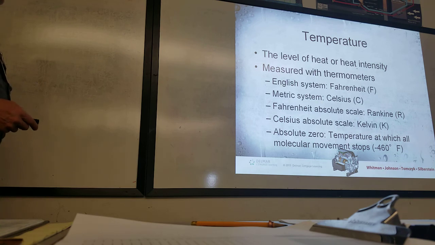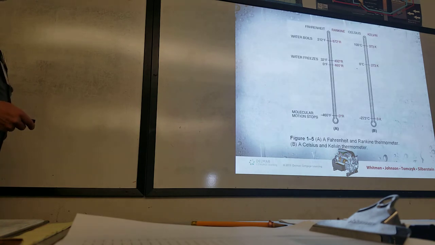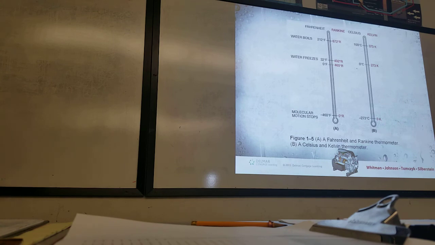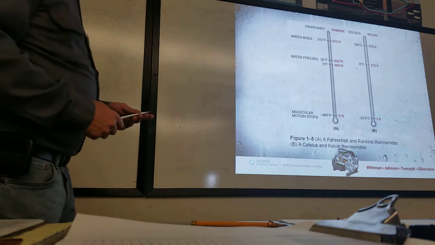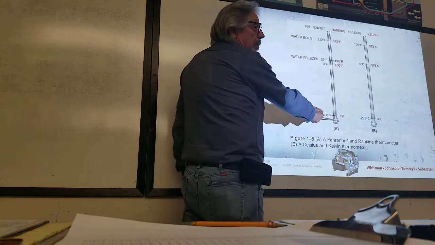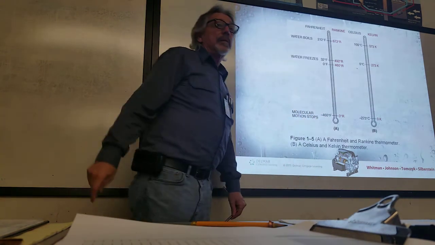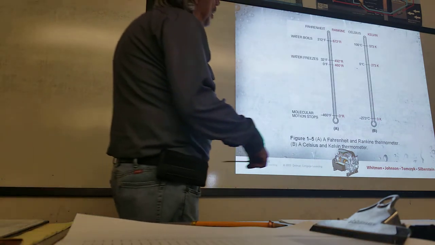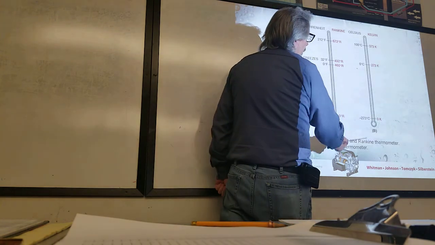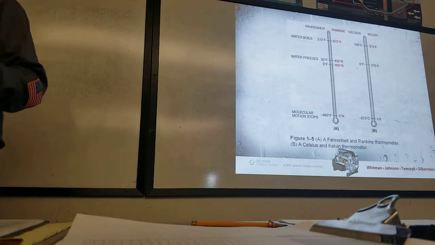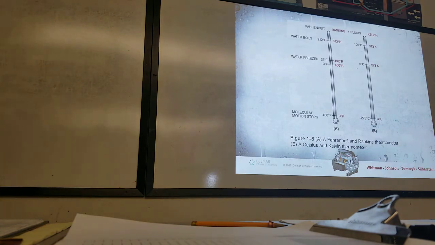So on the Rankine scale, 0 is at minus 460. That's an absolute scale, and the same thing on the Celsius scale with Kelvin. 0 Kelvin is their absolute temperature. So at minus 460 degrees, everything stops.